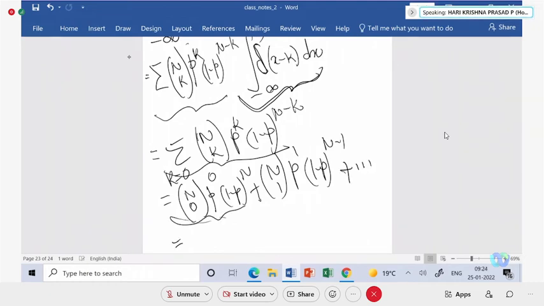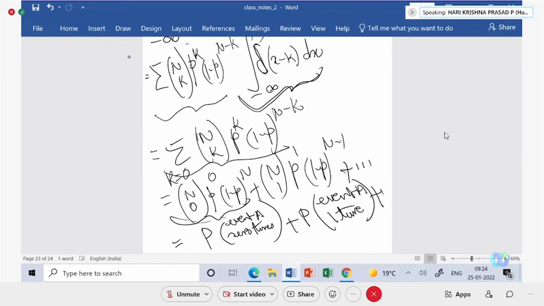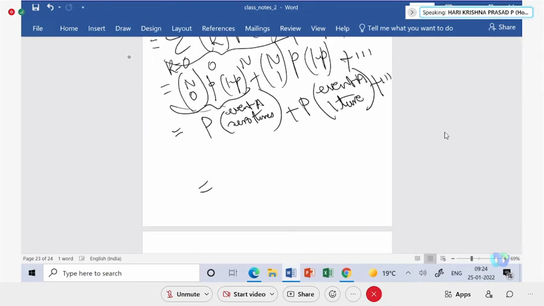What is this probability? Probability that event A happens 0 times. Plus, what is the second term? Probability that event A happens 1 time. Like this, I have a sum of so many probabilities. So the sum of all the probabilities is 1. That is how we do it. For discrete random variables, this is how we establish that the given density function is valid.